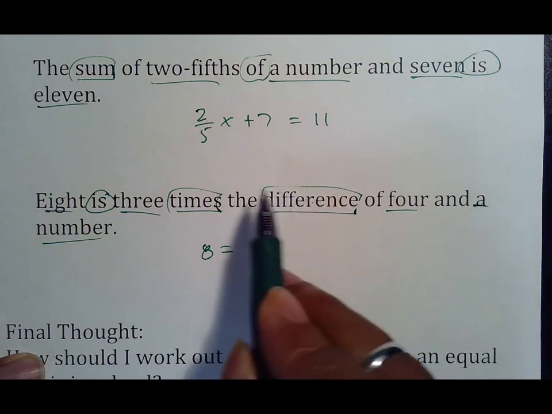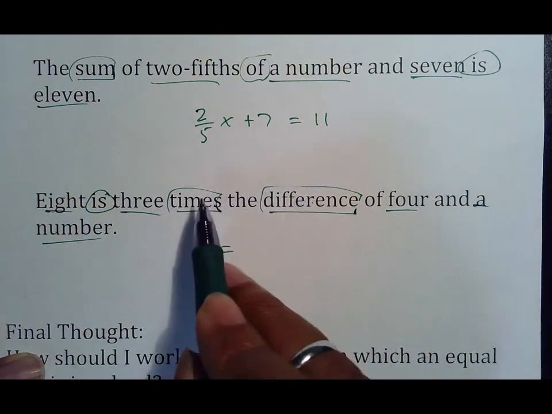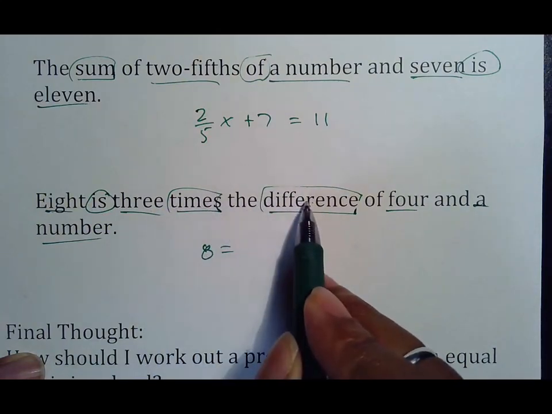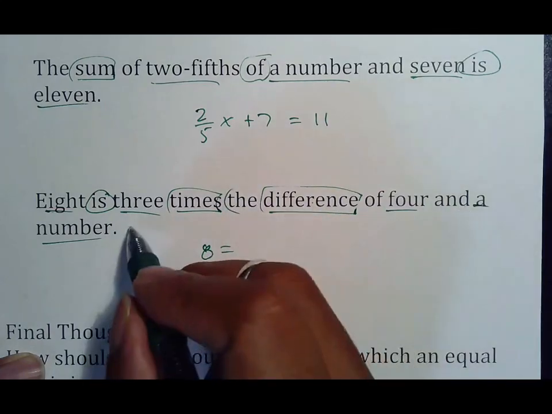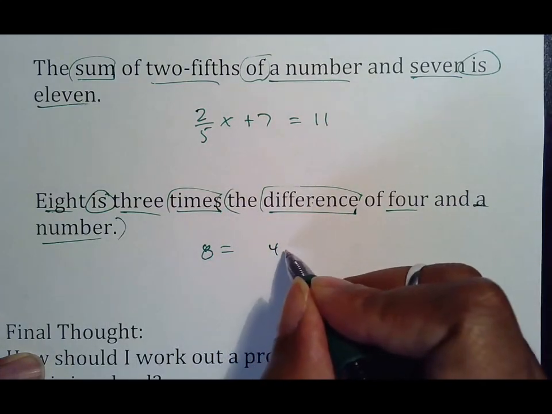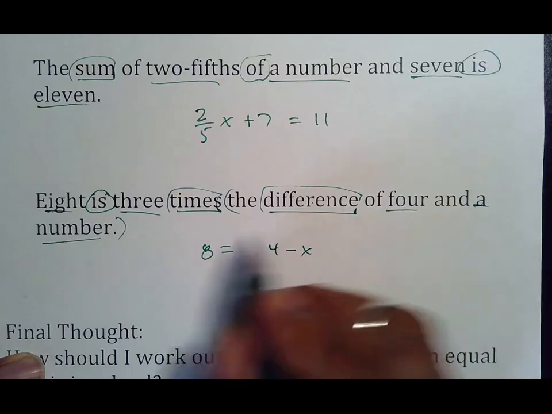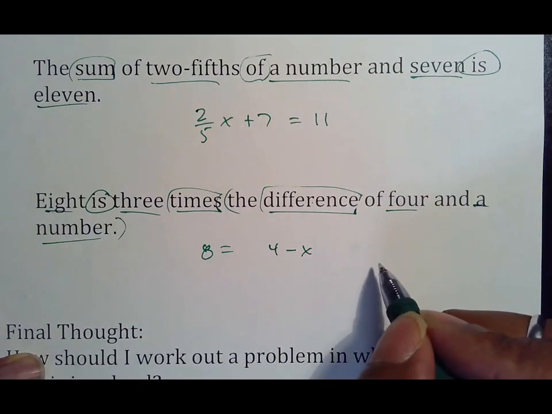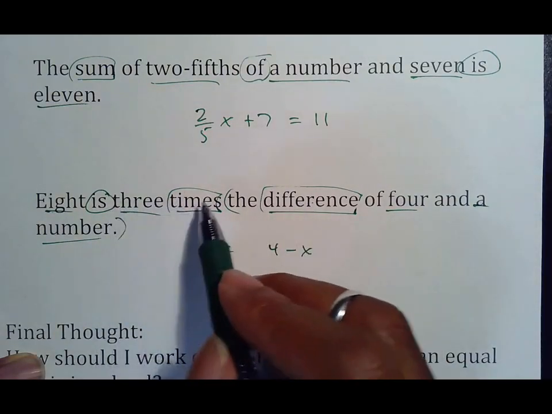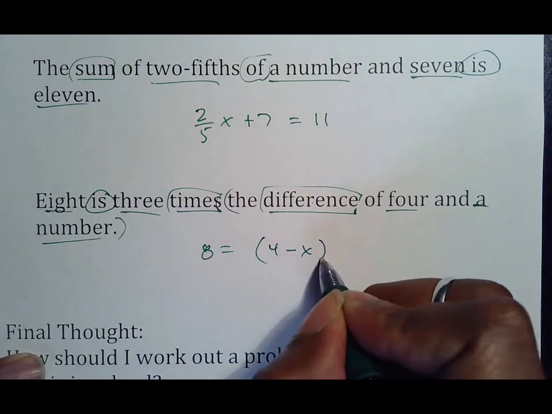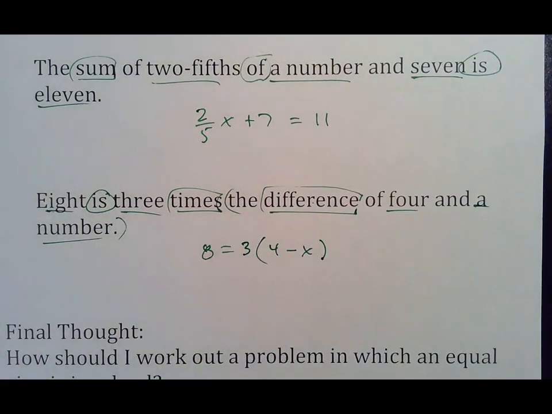That doesn't make sense to me. 3 times the difference, which means times probably isn't going to go first, but the difference should go first. So we're looking at the difference of 4 and a number. That would be 4 minus x, because 4 went first, a number went second. And remember, the tricky part is, if I'm doing 3 times all of that, I have to use parentheses and put a 3 in front of it.